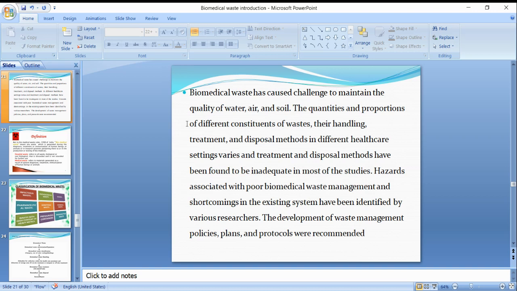So after identification of these problems and impacts, they put effort into how to handle, treat, and dispose of the waste. Hazards associated with poor biomedical waste management and shortcomings in the existing systems have been identified by various research.